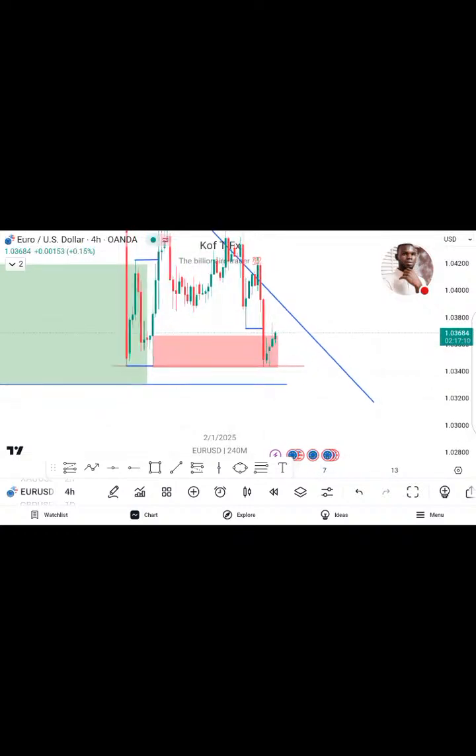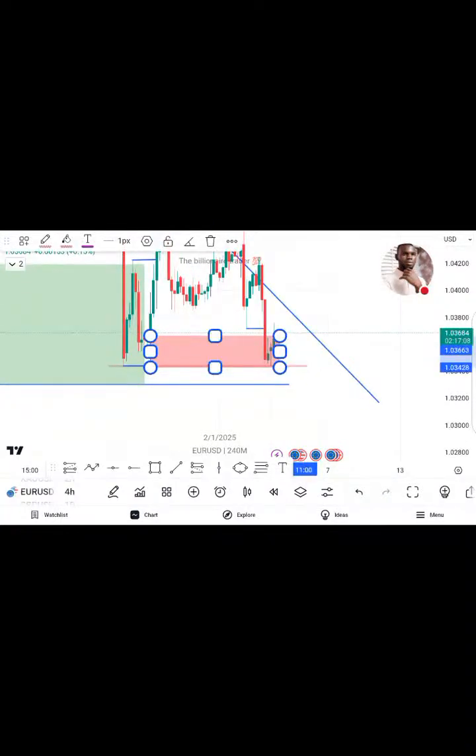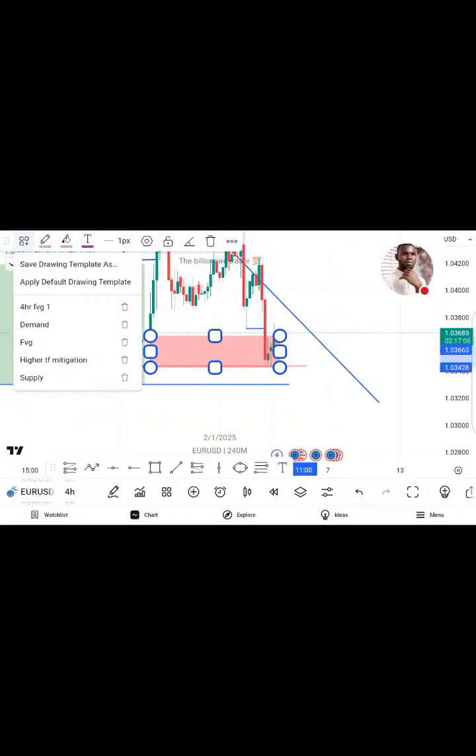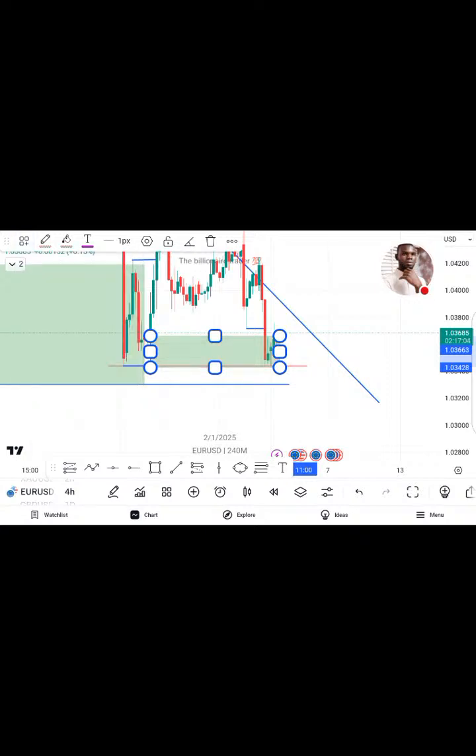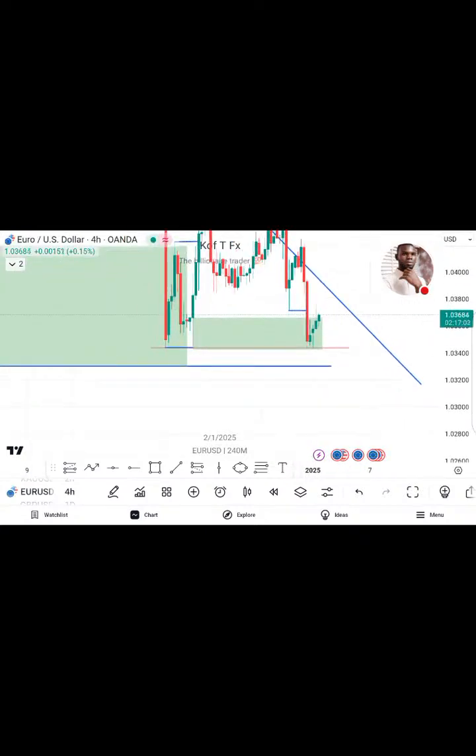but I'm going to go to the lower time frame to see what is actually going on within that area.